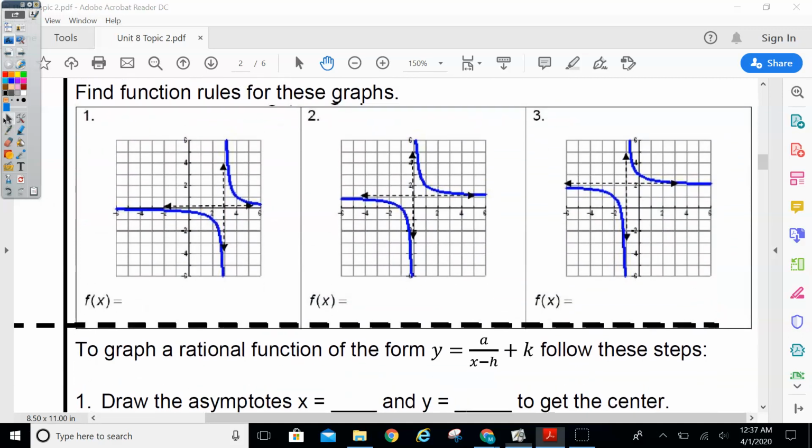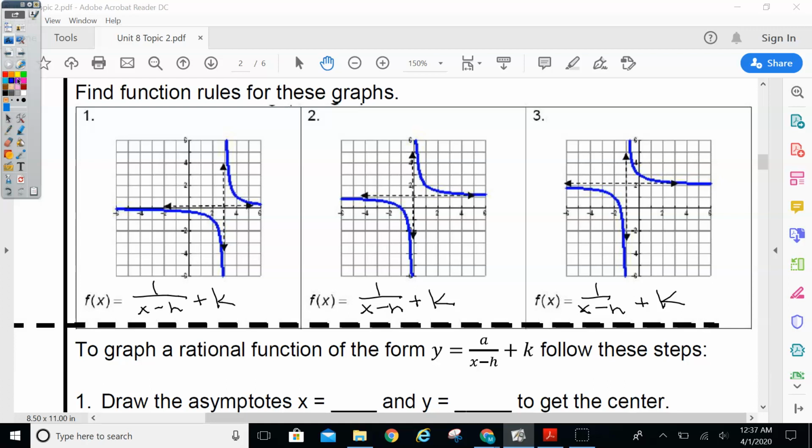Again, all of these a's are 1, so 1 over x minus h plus k. So I'm looking for the h and the k.